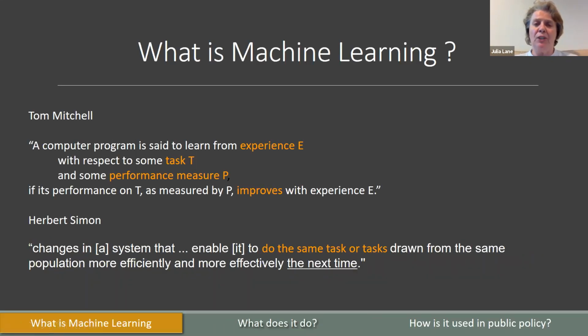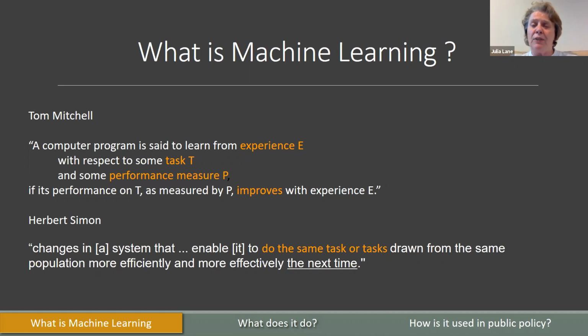One of the challenges with machine learning is there are a lot of different definitions. So it gets this mystical thing associated with it. Tom Mitchell famously said, a computer program learns from experience E, what that means, data, on a particular task, and it's evaluated on some kind of performance measure.